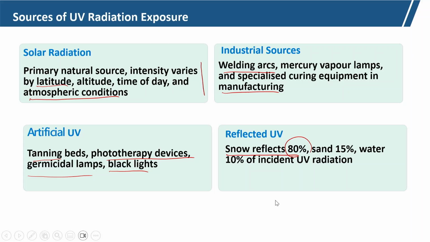At high altitude, as we discussed earlier, the UV intensity is very high and the direct intensity is high. In addition to that, we get additional reflective UV. So, in hilly areas with snow, the UV radiation we receive will be much higher.